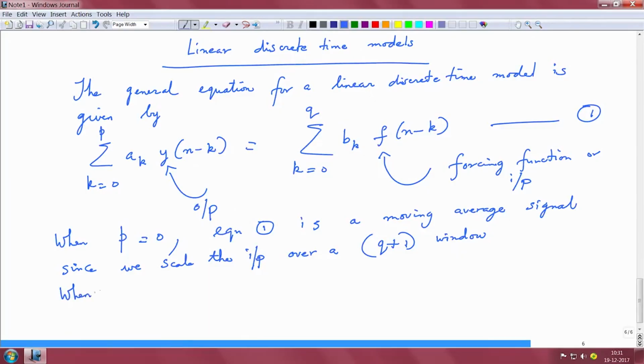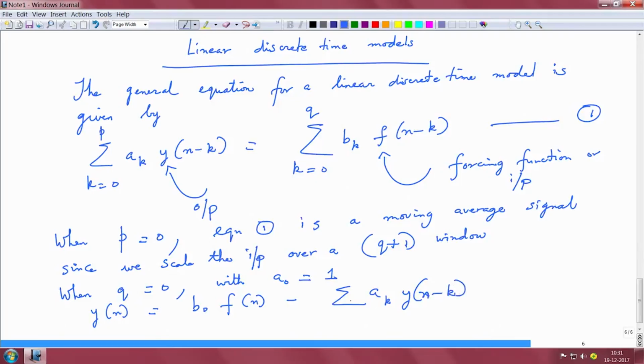Now, when q equals 0 with a naught equal to 1, this is interesting because we have y of n equals b naught f of n minus summation a_k y of n minus k, going from 1 to p.